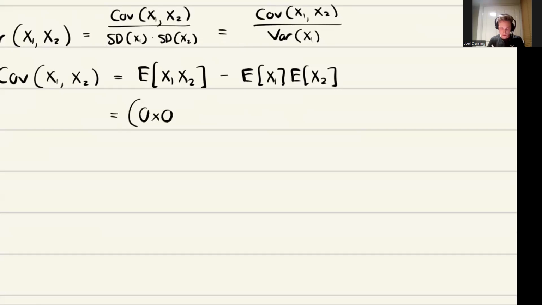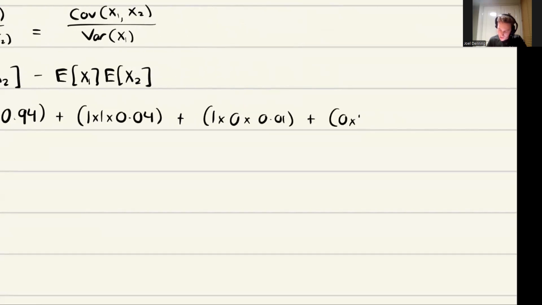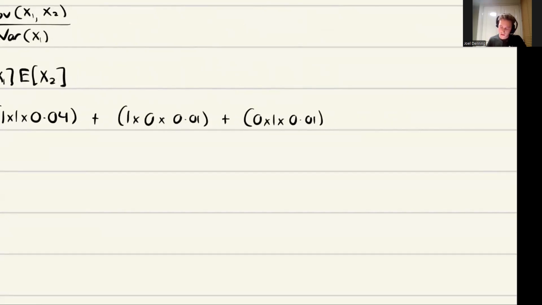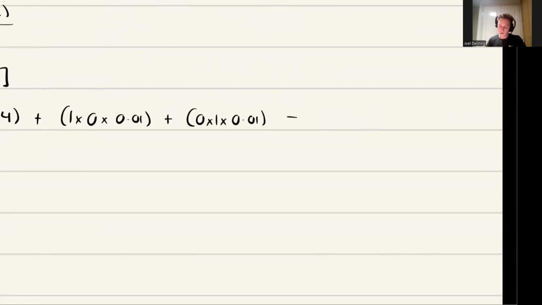That's just 0 times 0.94, plus 1 times 1 times 0.04, plus 1 times 0 times 0.01, and then plus 0 times 1 times 0.01, and then minus the expected value of x1 times the expected value of x2, which are both just 0.05.